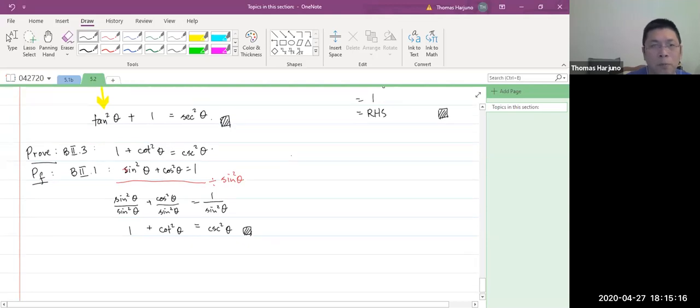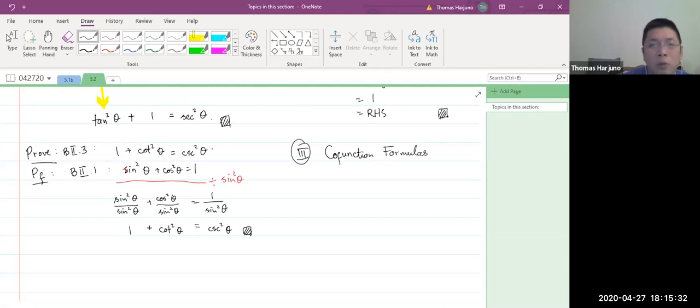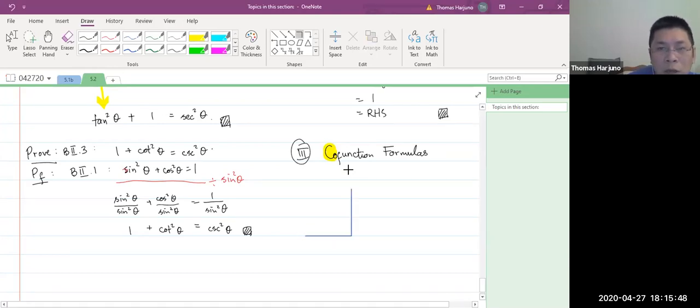Now, the third group, group 3, is the cofunction formulas. It comes from the word co that has something to do with what we called complementary angle before. Now, to help us with our intuition, let's take a look at this triangle here.